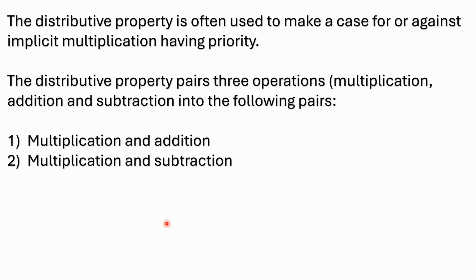The distributive property is often used to make a case for or against implicit multiplication having priority. The distributive property, remember, pairs 3 different operations: multiplication, addition, and subtraction. You pair multiplication with addition, or you could pair multiplication and subtraction.